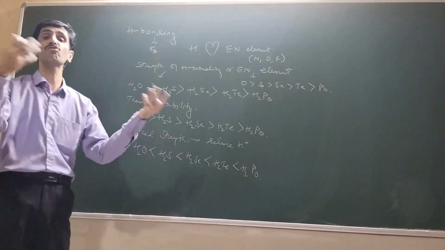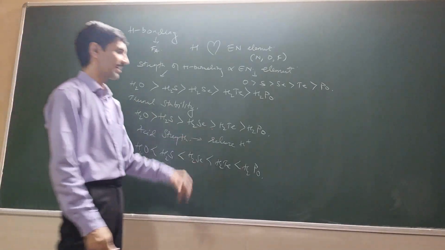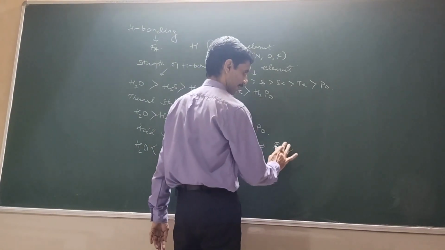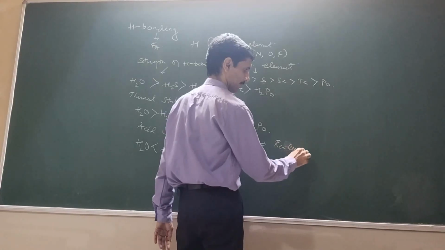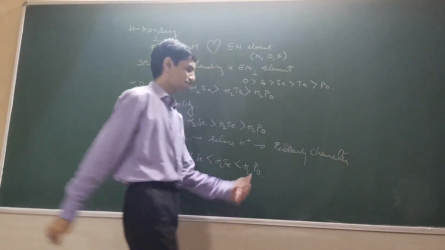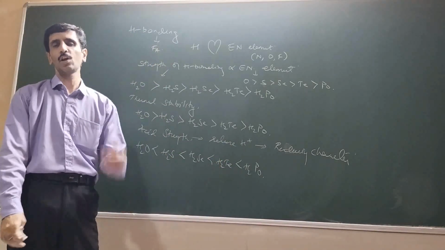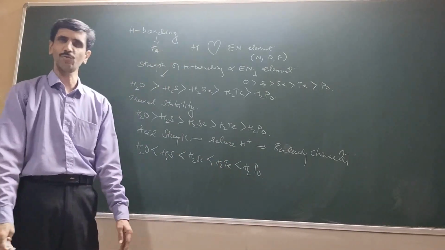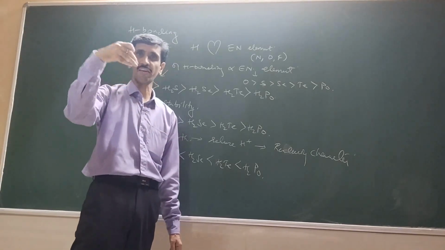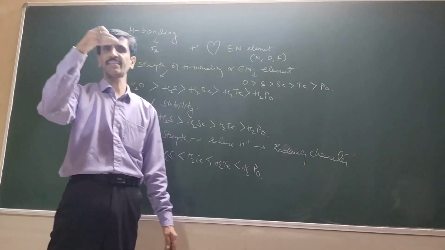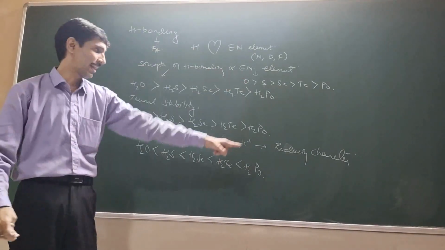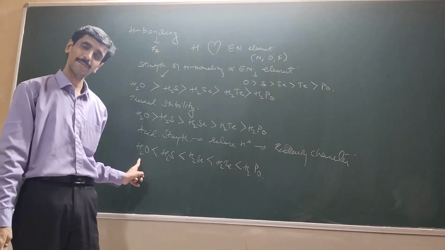When we talk about the reducing character, reducing character is also about the release of H plus. It is associated with the release of H plus, loss of hydrogen. Okay, that is what we talk about. So that means loss of hydrogen is oxidation, and if it is undergoing oxidation, the other substance will undergo reduction, and therefore they are going to be good reducing agents.